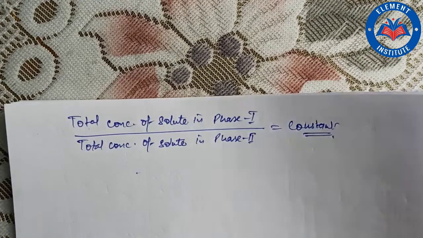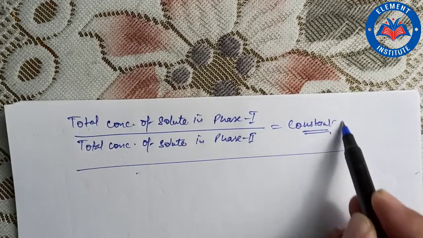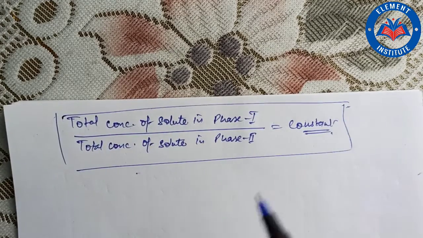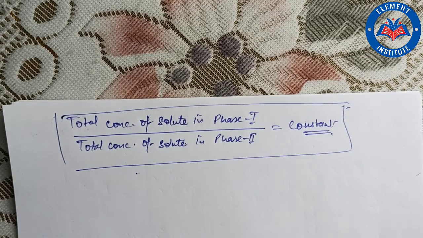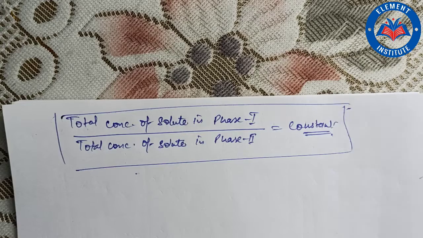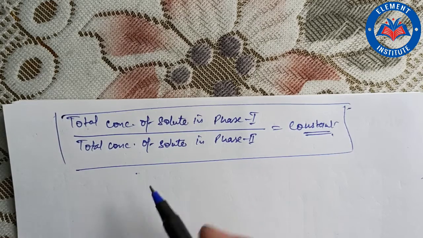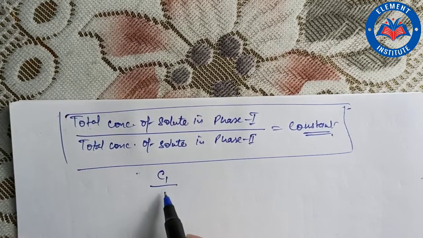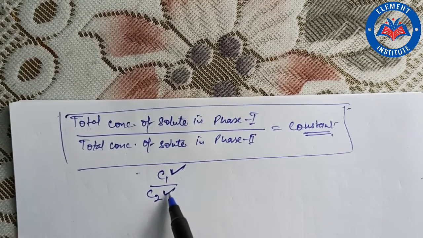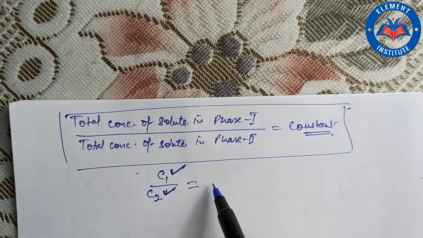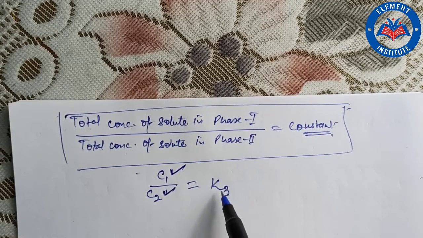So from this relation we can see clearly that even if the solute molecules enter into chemical combination with the solvent molecules, the distribution law does not get modified, as it is C1 upon the C2 total. It is the concentration of the solute in phase 1, upon the concentration of the solute in phase 2, which is a constant, that is K3.